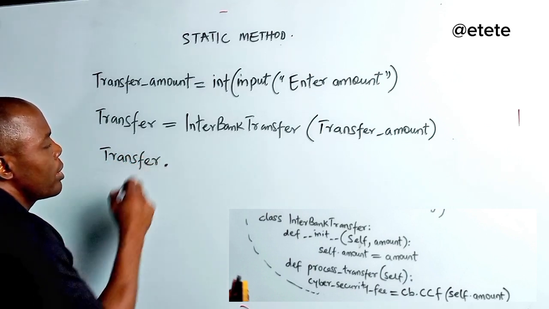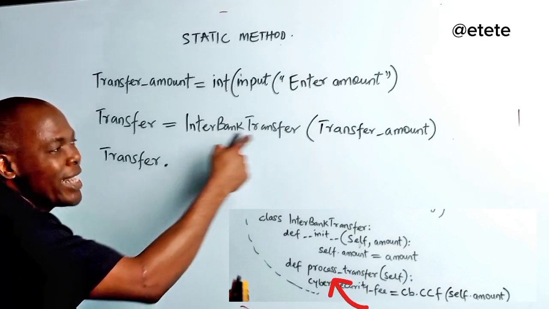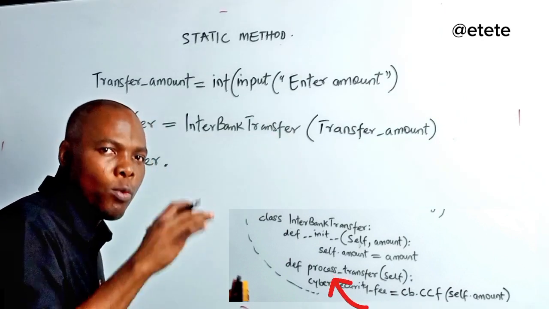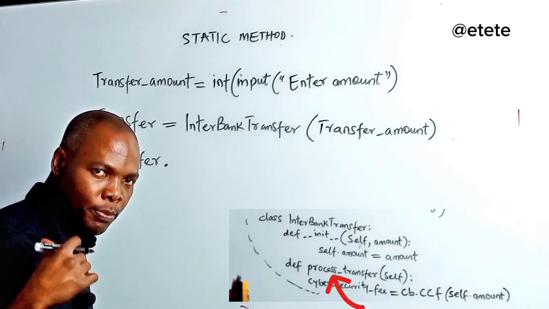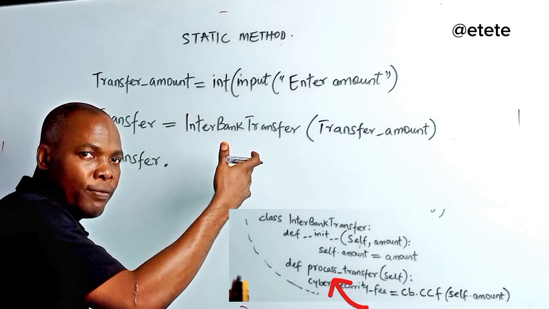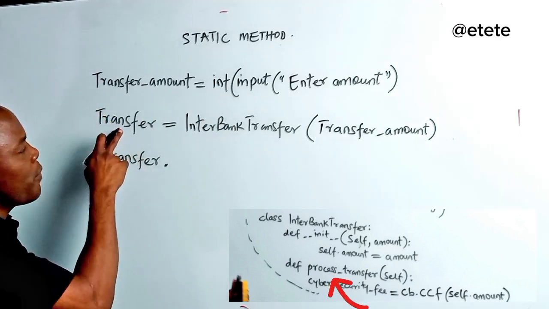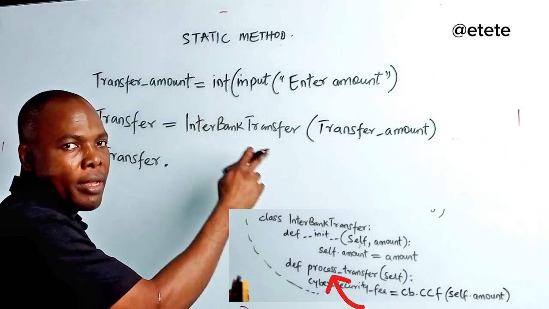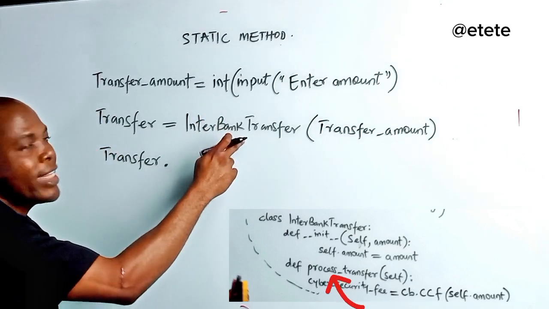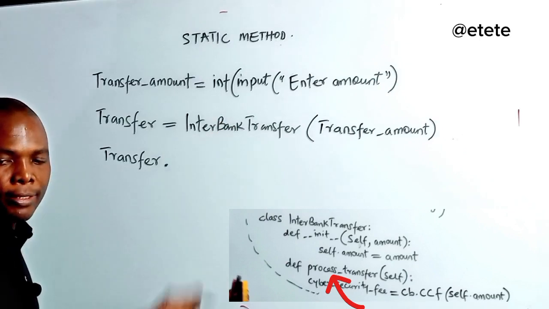Now, I am going to use this transfer to call the method that is inside this interbank transfer. Like I said, if you have not watched the last class, you will not understand what we are doing here. So you have to go and watch the previous video before you come to this video. Now, this transfer, which is this object, will now be used to access the process transfer method that is inside this interbank class.